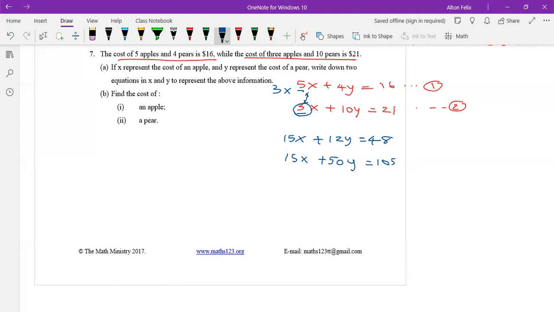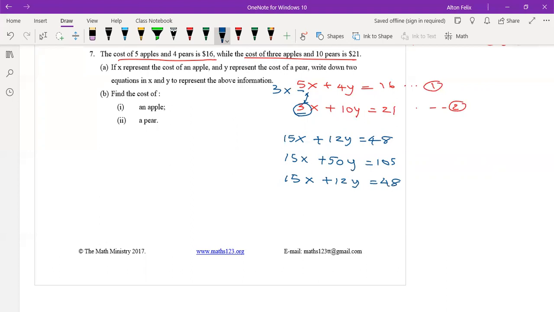We're going to do some subtractions. So it's easier to put the smaller equation below in terms of the numbers. So we're going to put the 12y here, and we're going to put the 48. Now, check over this. Make sure we didn't make any errors in the multiplication. 5x by 3 is 15, 4 by 3 is 12, 16 by 3 is 48, 3 by 5 is 15, 10 by 5 is 50, 21 by 5 is 105. Okay, so it's time to subtract.